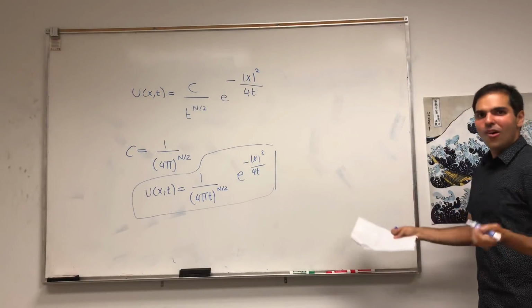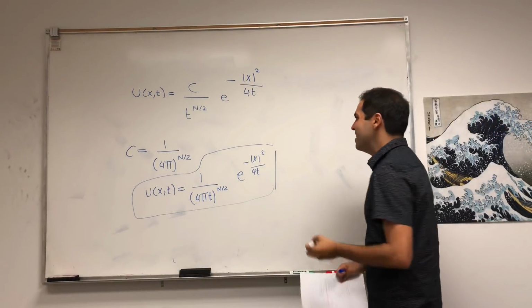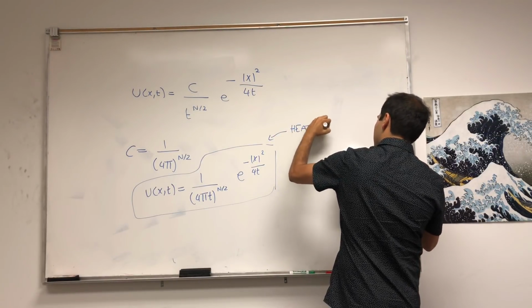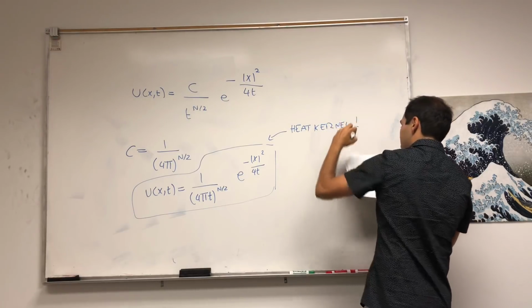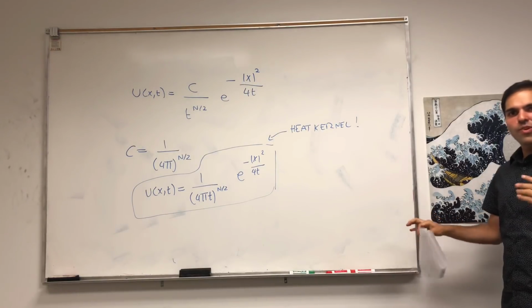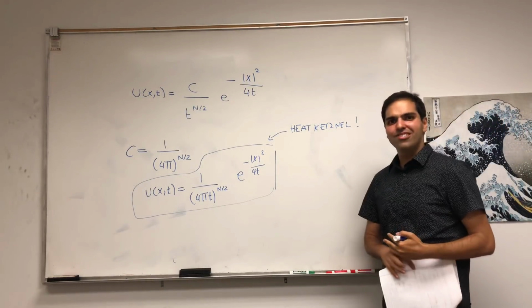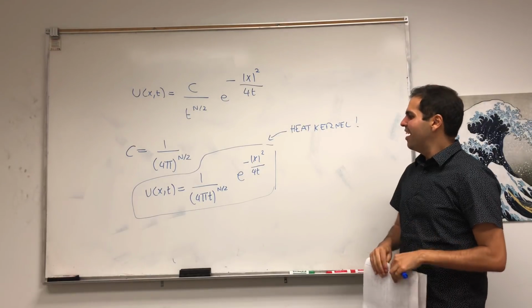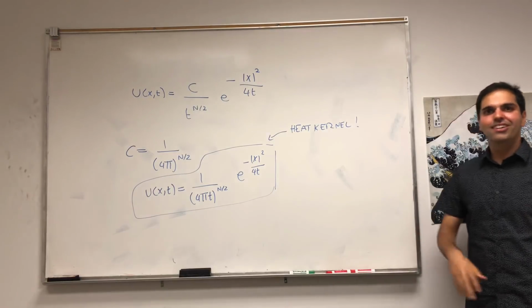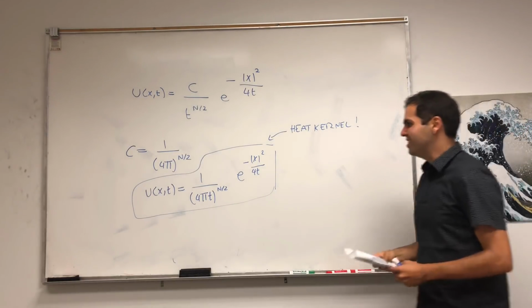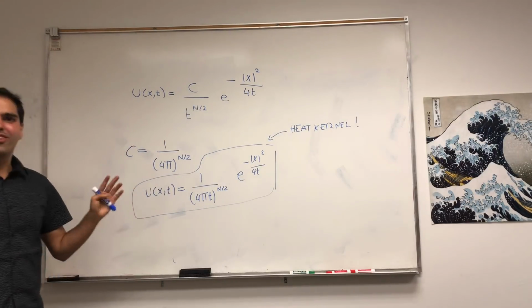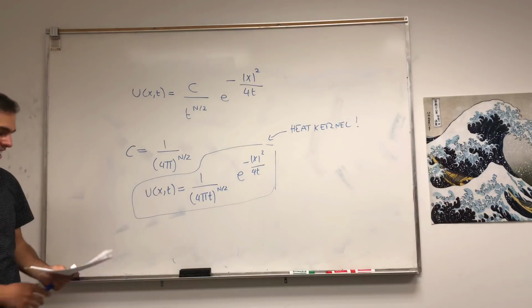And this function is so important, it has a very nice name, it's what's called the heat kernel. Because just like for Poisson's equation, where you can write this in terms of the fundamental solution of the Laplace's equation, this heat kernel also comes up in the solution, I guess, of the inhomogeneous heat equation, and also the heat equation with the initial condition, because I haven't done that at all.